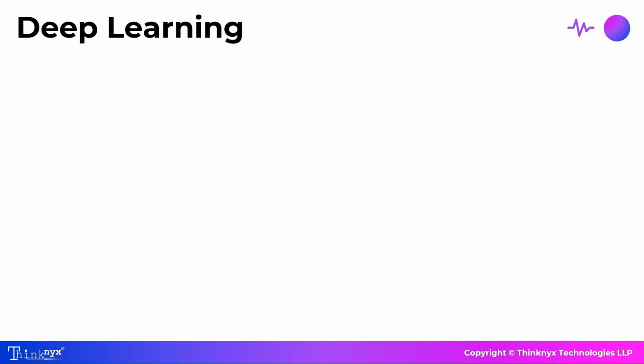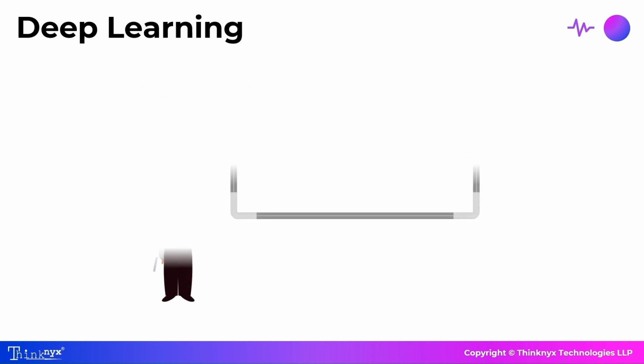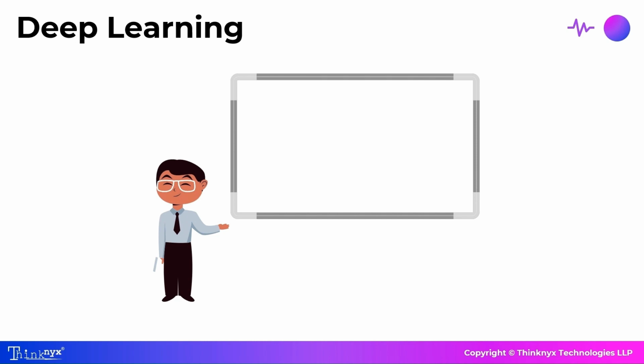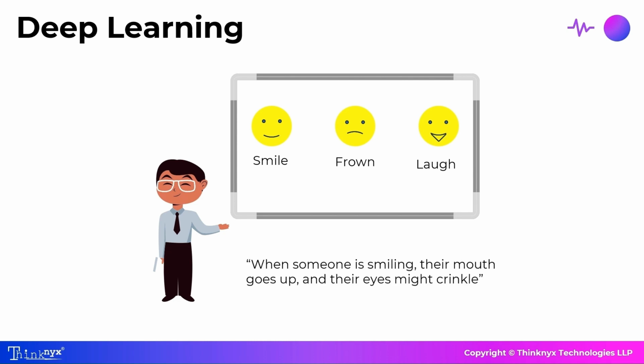To build a strong foundation of how deep learning works, let us walk through a facial recognition example. Imagine you have a set of drawings showing different facial expressions like smiling, frowning, and laughing. With traditional machine learning, you might teach a computer to recognize these emotions by pointing out specific features in each drawing. For example, you could say, when someone is smiling, their mouth goes up and their eyes might crinkle.